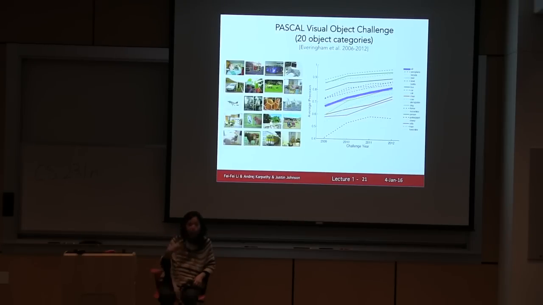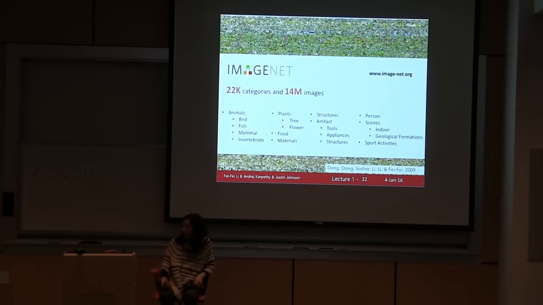At that time, here's a little closer story to us: my lab and my students were thinking, the real world is not about 20 objects. The real world is a little more than 20 objects. So following the work of the Pascal Visual Object Recognition Challenge, we put together this massive project called ImageNet.